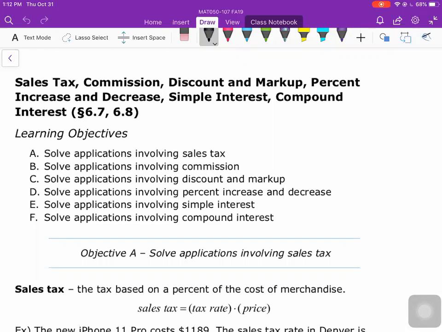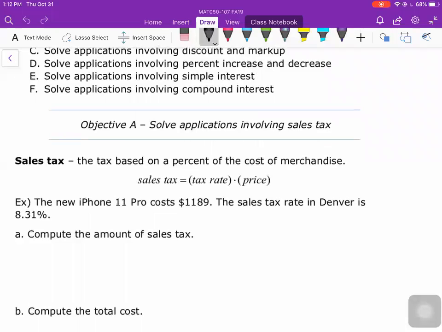So starting with sales tax is tax based on a percent of the cost of your merchandise. So to determine your sales tax, you're going to take the tax rate for that particular area and multiply it by the price. What I want you guys to see is that this sales tax is the same as the amount.